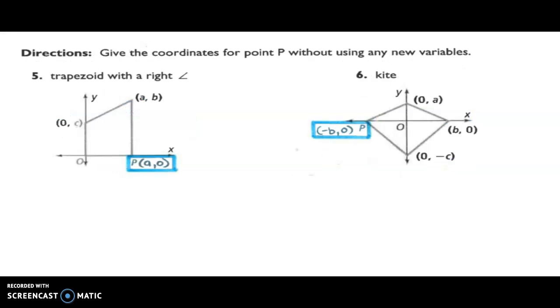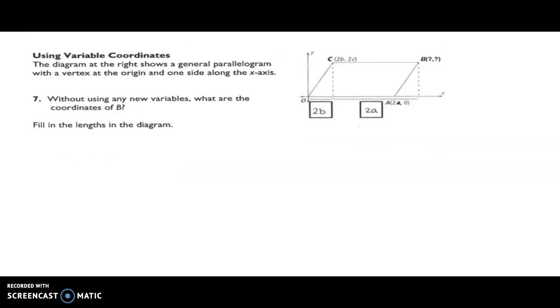Okay, and so same ideas here with trapezoid and kite. Trapezoid with a right angle, that's key right here. Look those over. And using variable coordinates, example 7 says, without using any new variables, what are the coordinates of B?